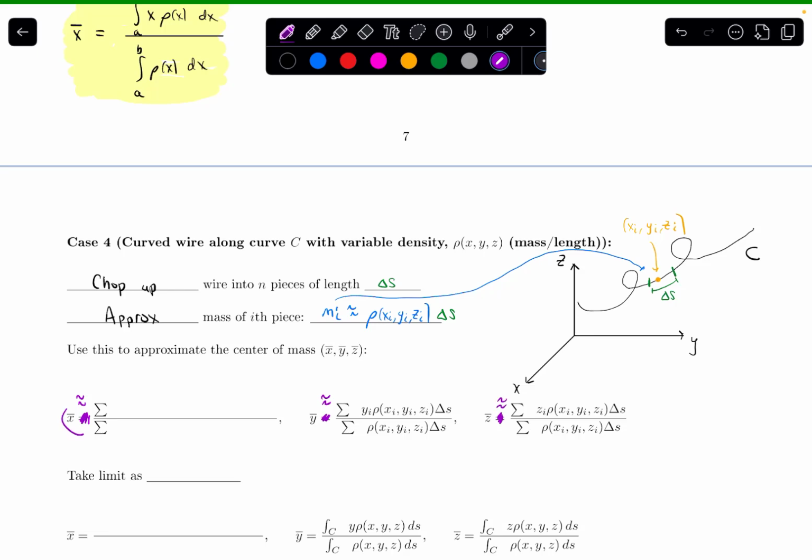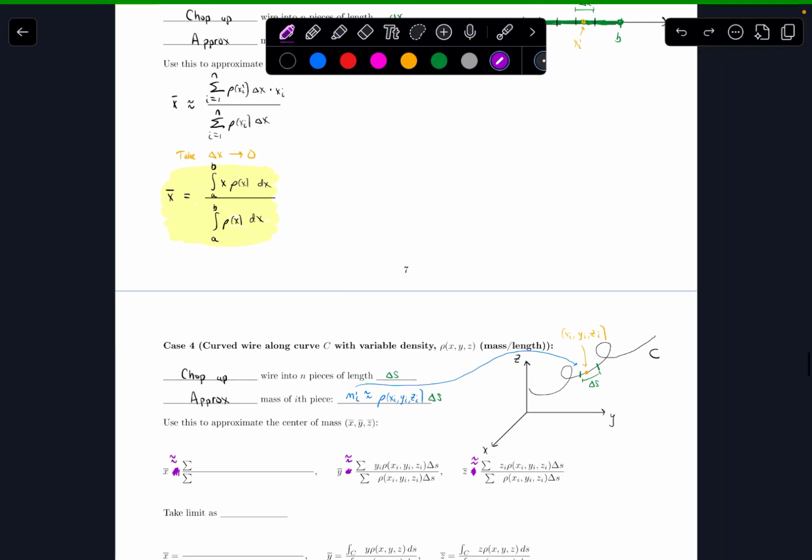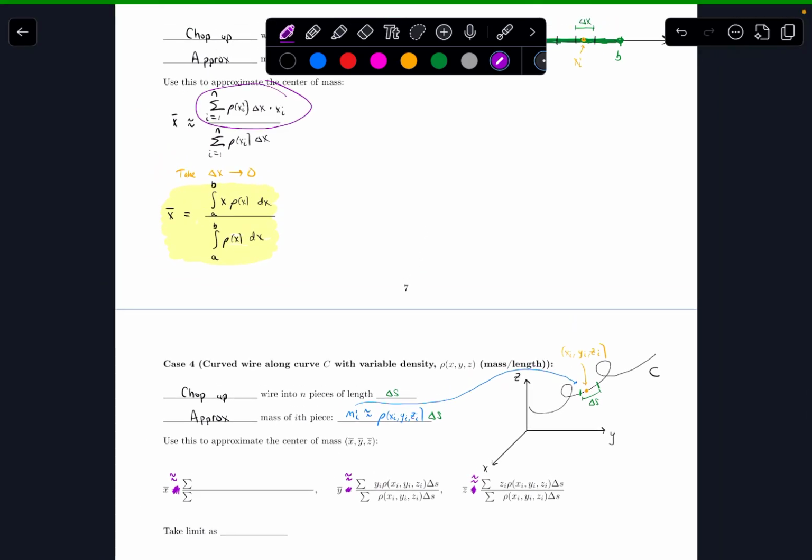For all these coordinates, the formulas are very similar. So I will just write it down for the first and tell you what it is for the others. It's going to follow this type of format, where let me write the x coordinate first. So I'll have the x coordinate xi. That'll get multiplied by this density, the density rho of my point, xi, yi, zi, and then times the length of the piece, which now we are saying is delta s.